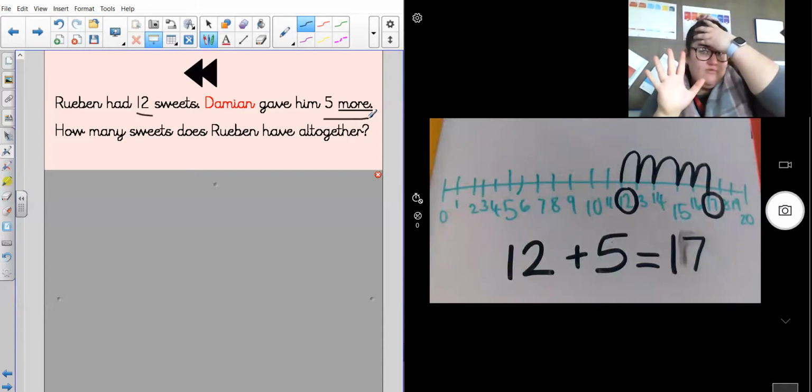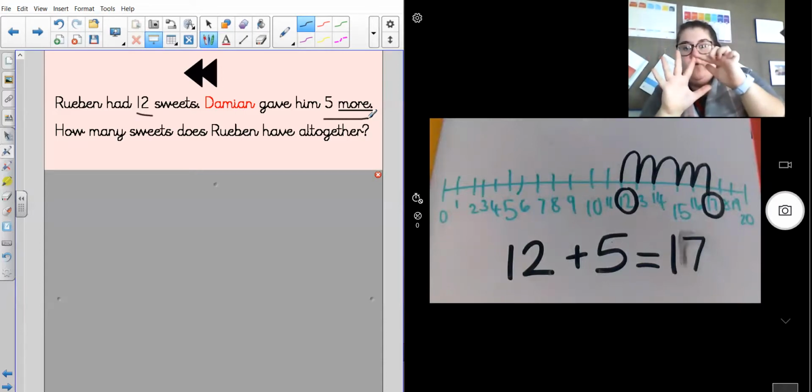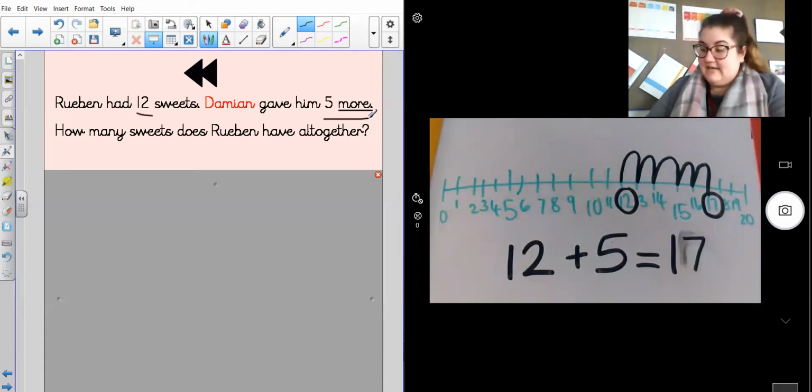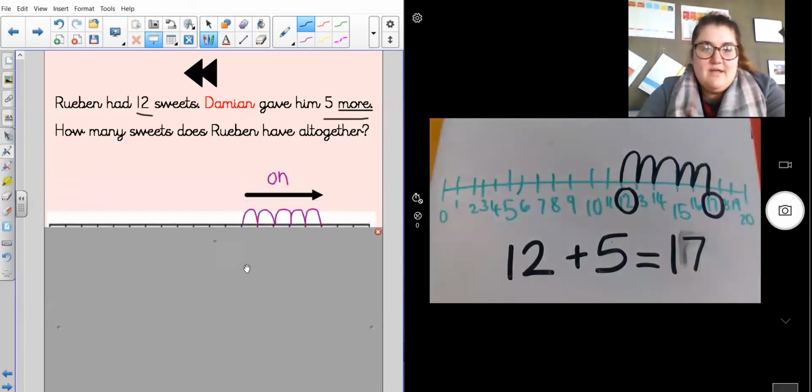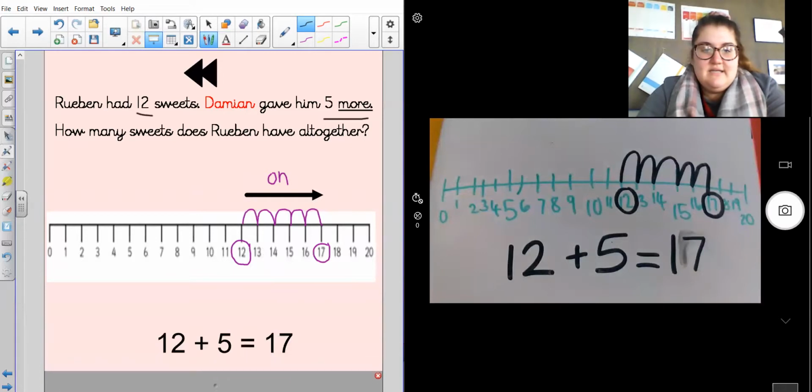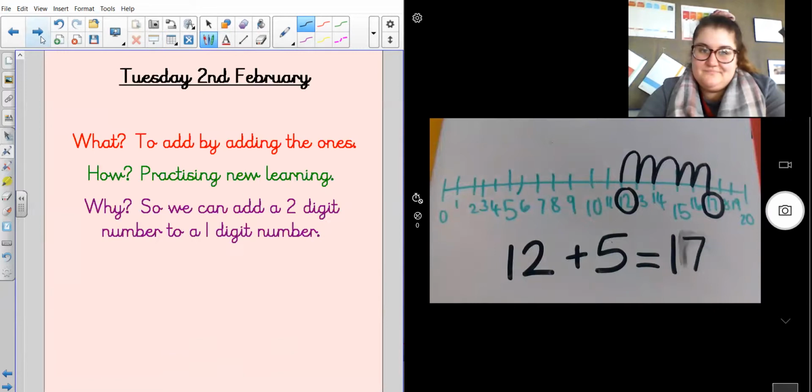So 12, 13, 14, 15, 16, 17. Okay, so I've used a different method to check my answer. So let's see. There we go. I started at 12. I counted on 5 times because I'm adding 5 more and I landed on 17.